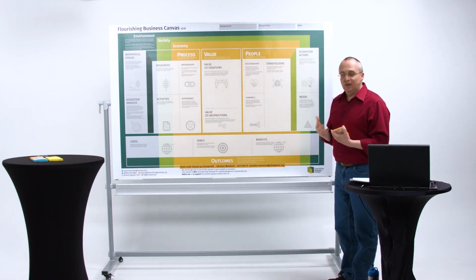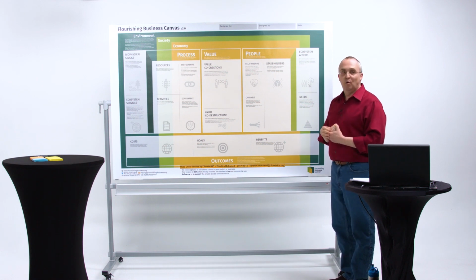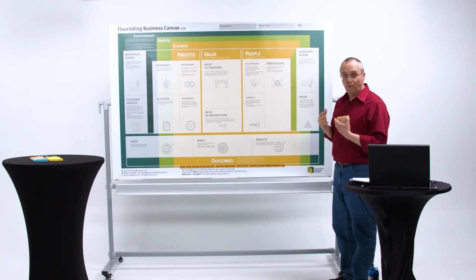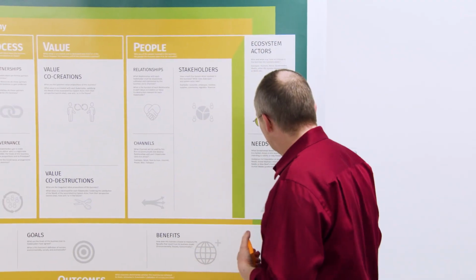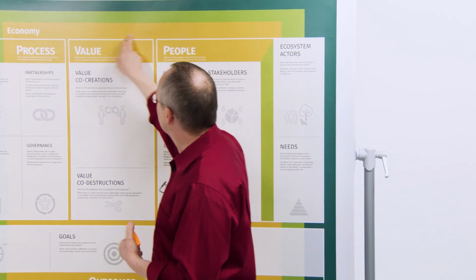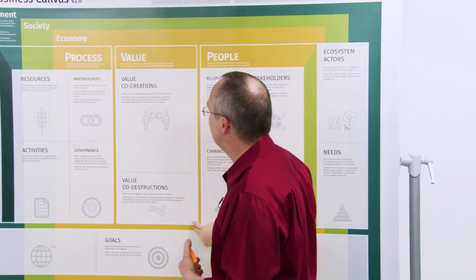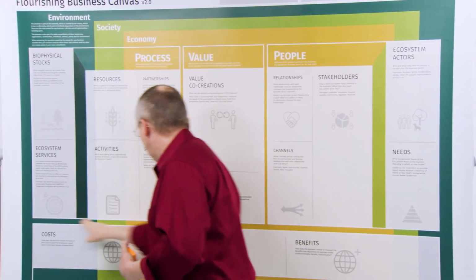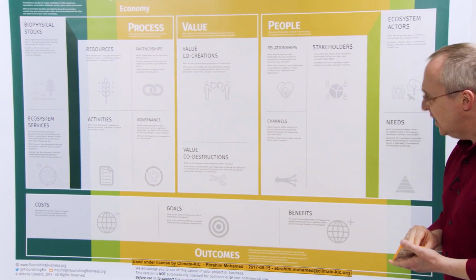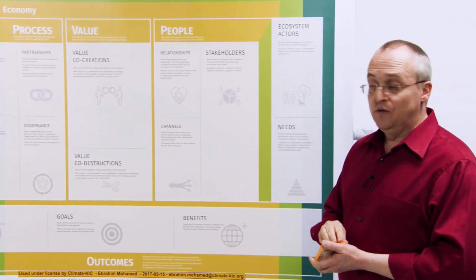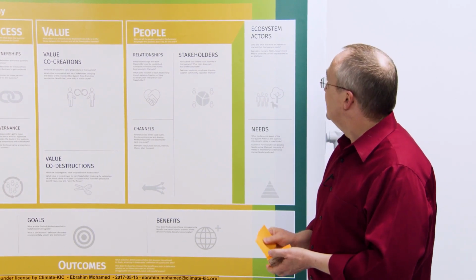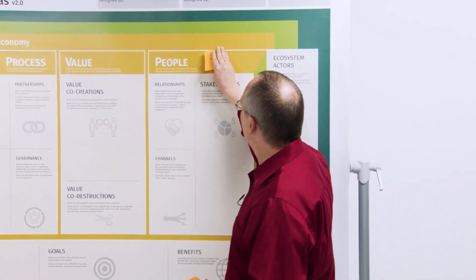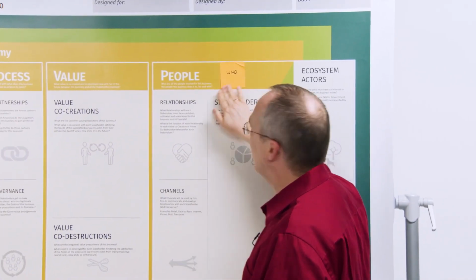The next part of the canvas that I want to highlight is what we call the perspectives. There are 4 of them, and they're delineated by these white boxes that you can see here. Let me introduce each of these in turn. The first perspective is all about people: who is engaged in your business.